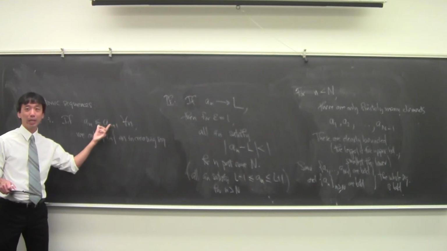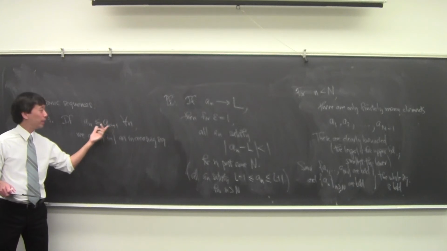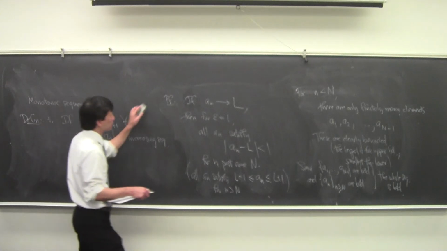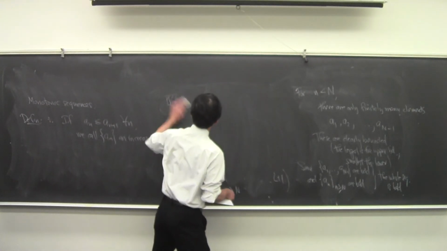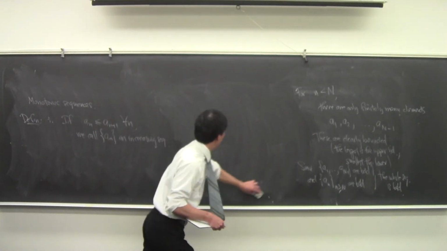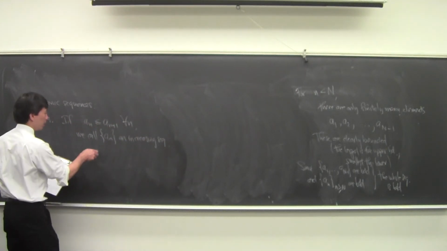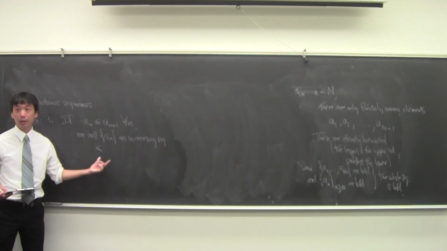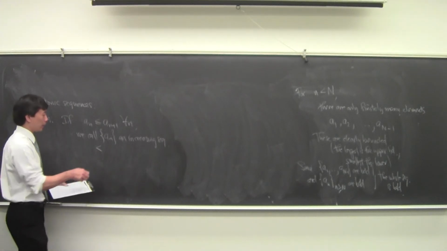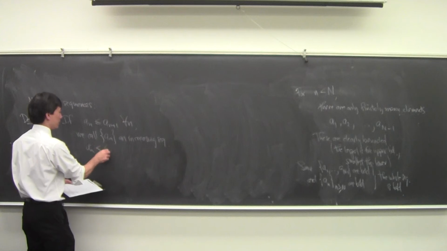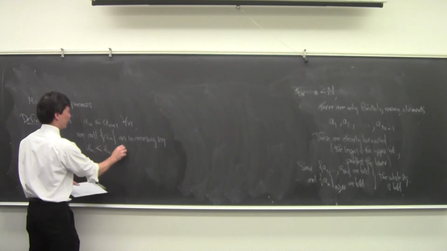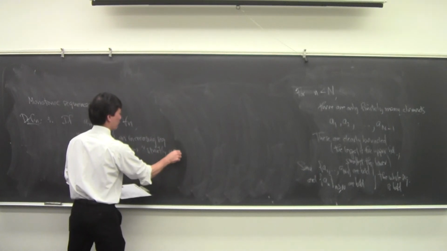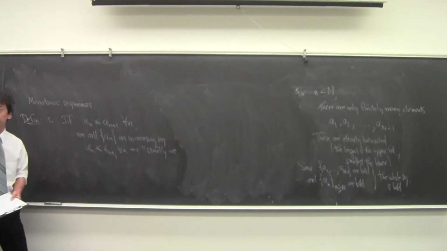The values only get bigger. They either stay the same or get bigger. If it's strictly bigger, if a sub n is less than a sub n plus 1 for all n, then we call it strictly increasing.